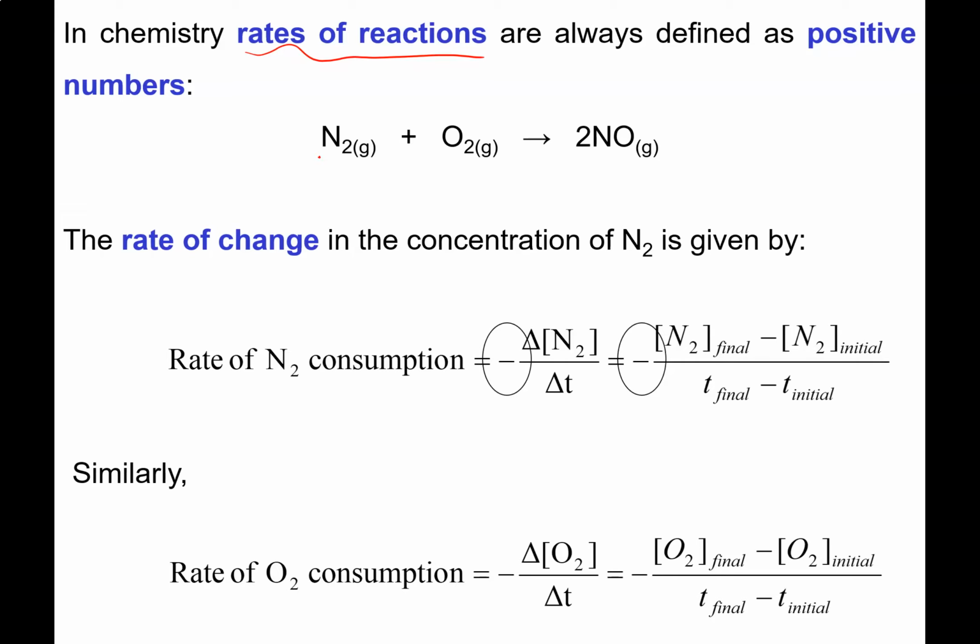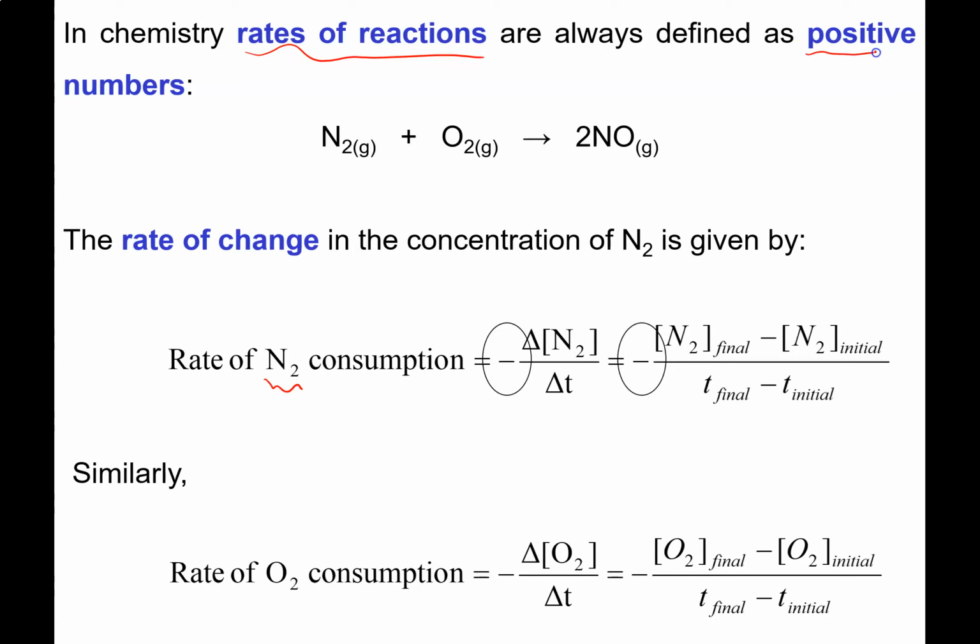And so what we're going to say is that the rate of the consumption of our first reactant N2 here is equal to minus delta [N2] over delta t. And I'll explain why we need the minus sign here.